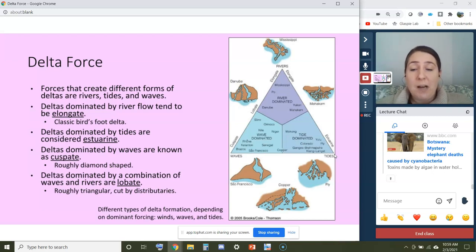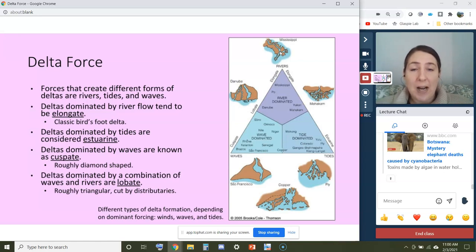If you have a river-dominated delta, then those deltas tend to be elongate, and so you might have something like a classic bird's foot delta form. You can see, if you squint a little bit, how the Mississippi River Delta looks kind of like bird claws. That would be an example of a bird's foot delta. In my next slide, we'll go into more detail about this type of delta because it's important for the Mississippi.